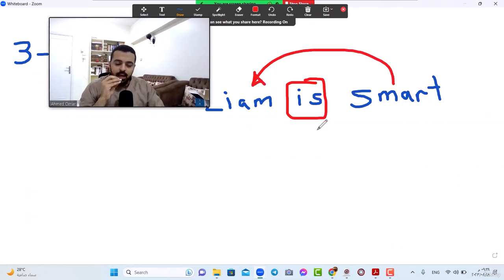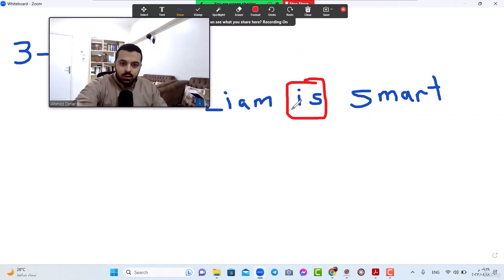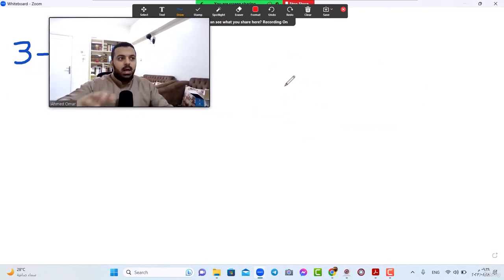And the one that tells me this kind of relativity is this part, because I can say "Liam is not." So you have to pay attention to the connectivity, this part. So how do we judge these propositions?